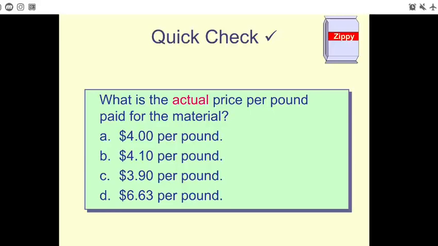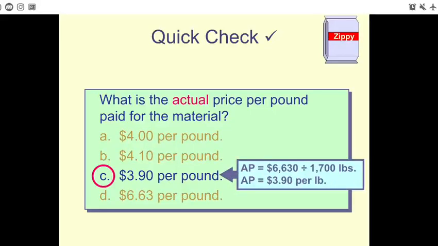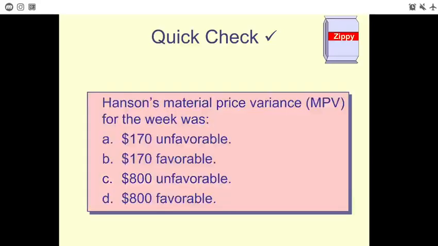When the question asks you about the actual price per pound, you can calculate the answer by looking at the last paragraph in the previous slide. So the calculation for the actual price is $6,630 divided by 1,700 pounds. So the actual price is $3.90 per pound. Okay, next.